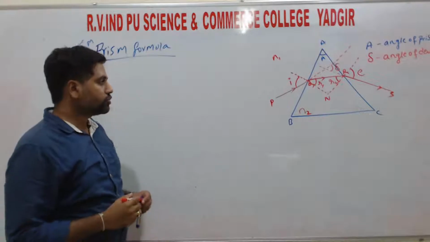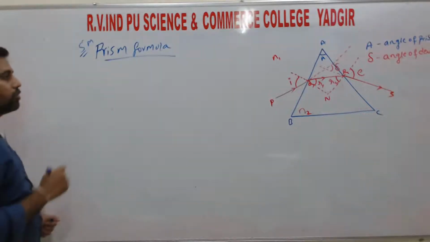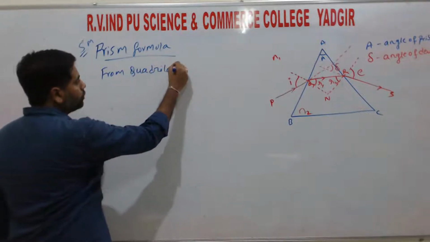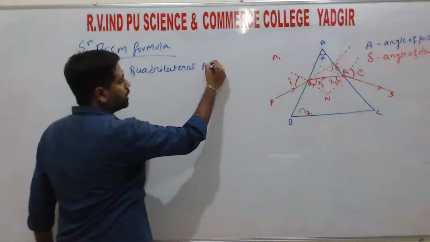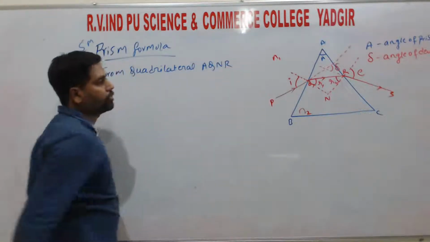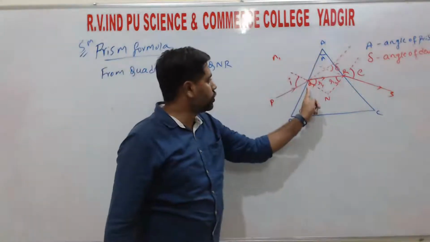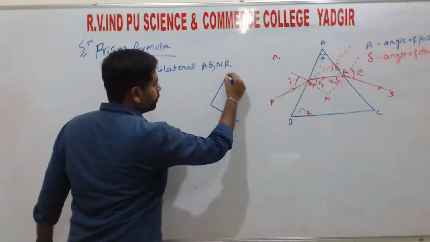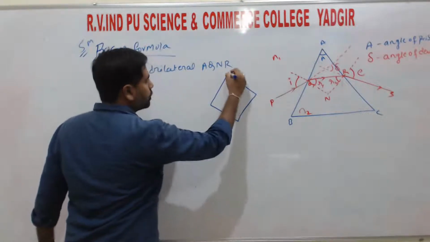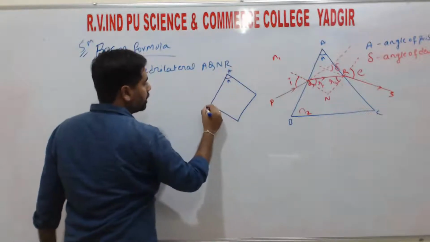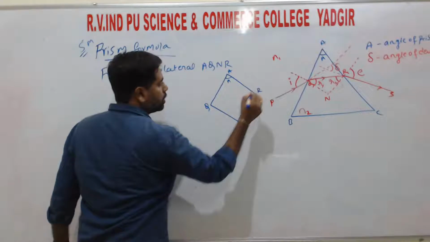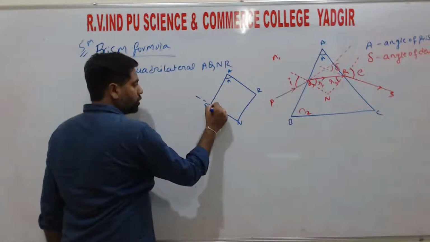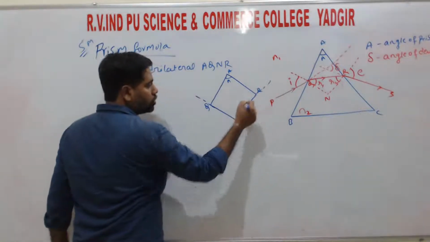Now if we observe the quadrilateral AQNR, this is angle A. Here this is the normal and here this is also the normal.